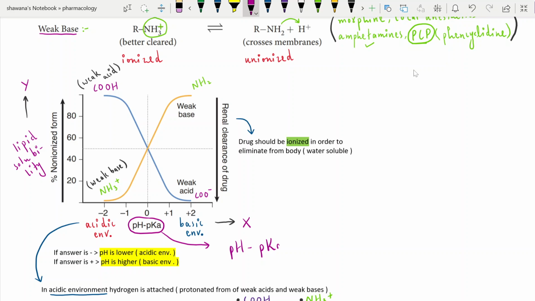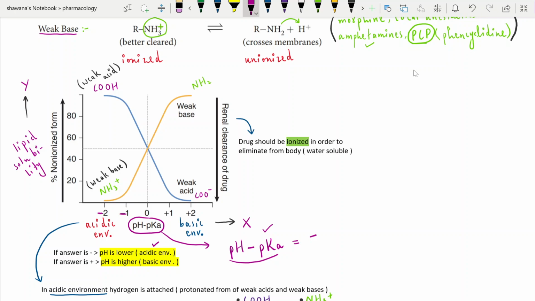If the answer of this term is negative, it means that pH is lower and pKa is higher. So pH is lower, it means an acidic environment, as here -2, -1, these are more acidic environments.